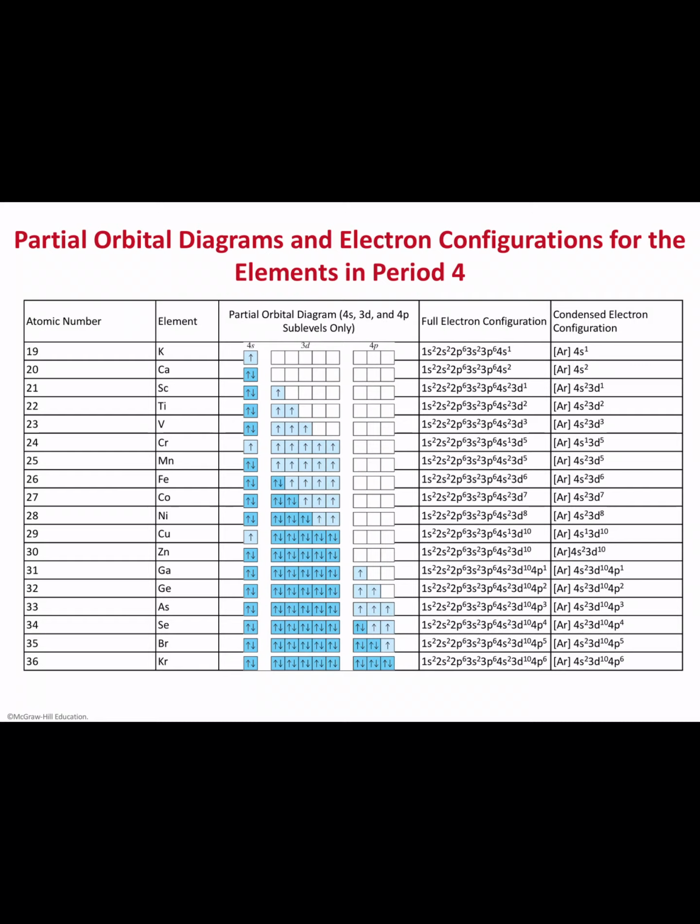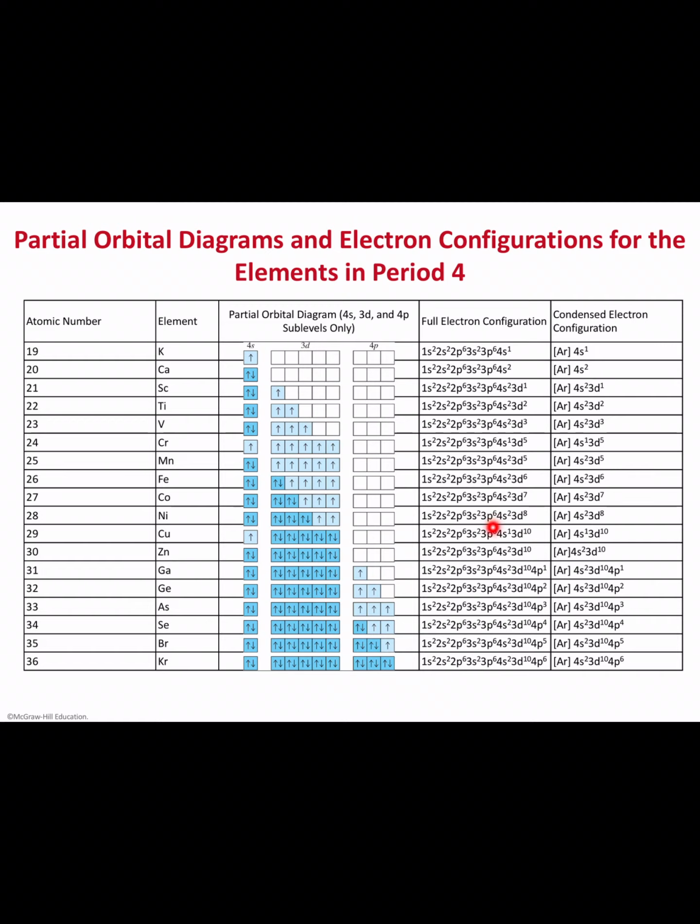And then the condensed electron configuration would be, you write the argon, which is going to be your noble gas prior to nickel: argon, and then 4s2, 3d8. Okay, because argon goes up to 3p6: 1s2, 2s2, 2p6, 3s2, 3p6.